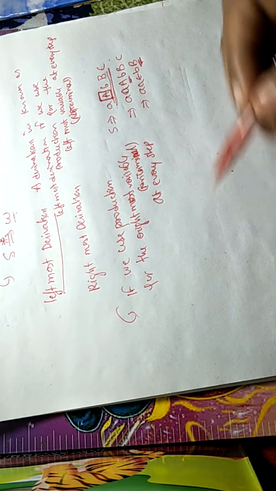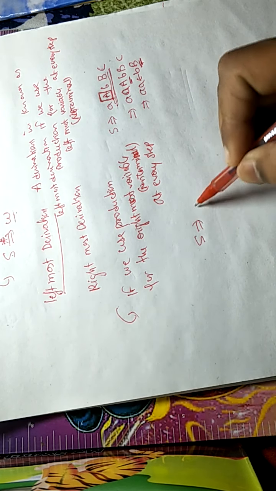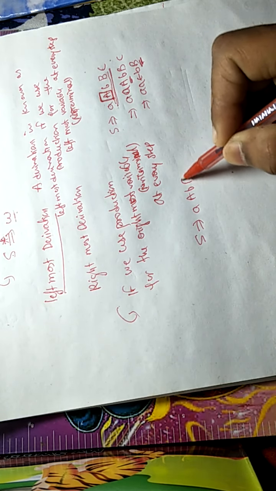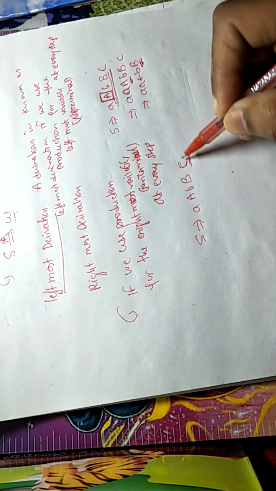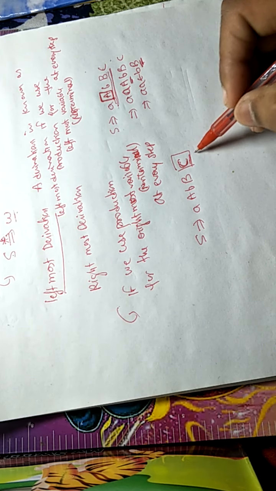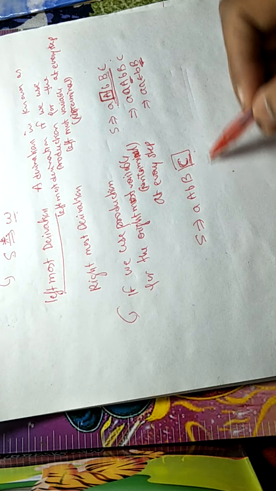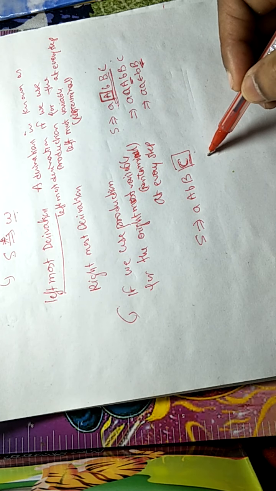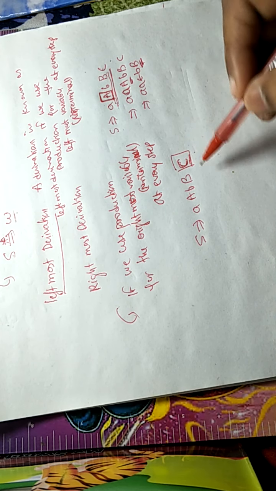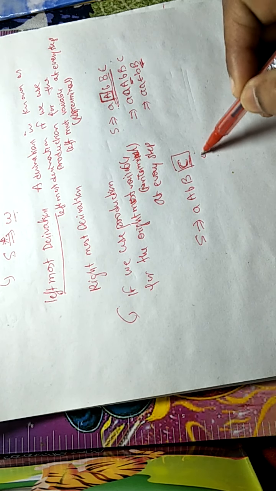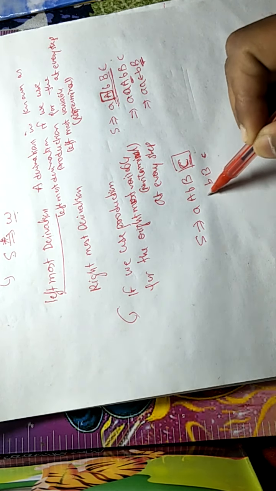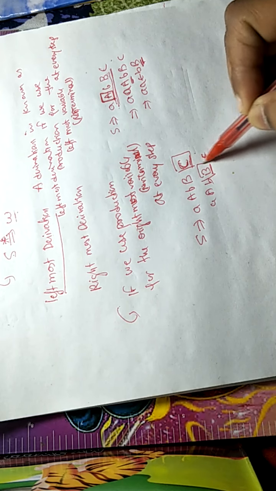Suppose I am deriving a string from a grammar and I am in this situation, so I will replace this C first, then in another step we will replace the one that comes on the right. First we will replace C. Suppose I am replacing it by small c, then this V is the rightmost.